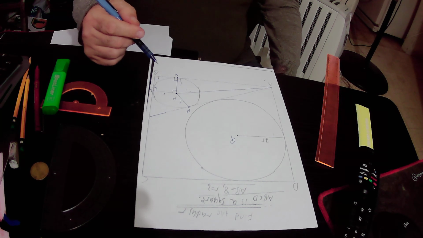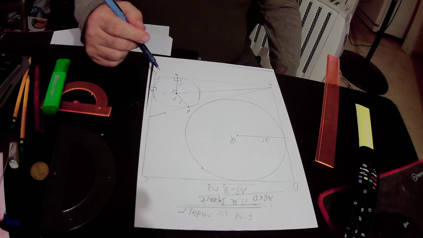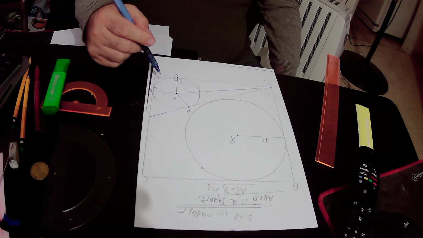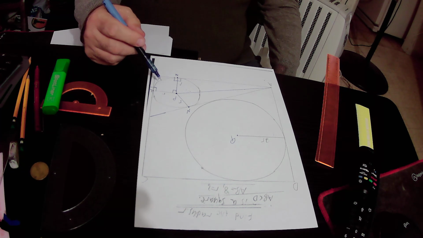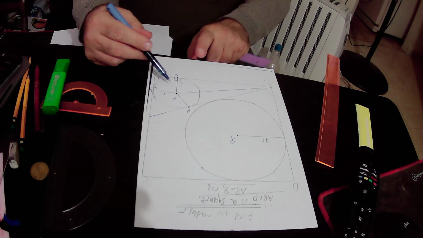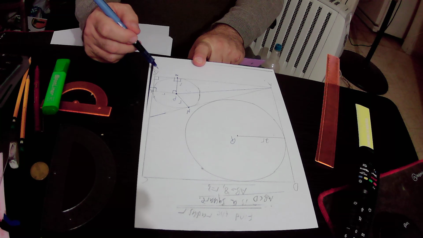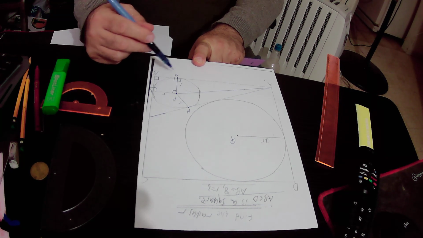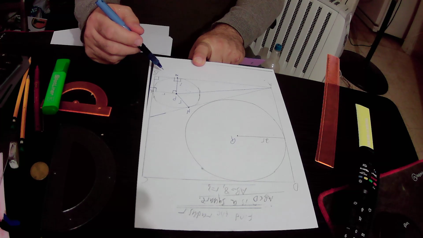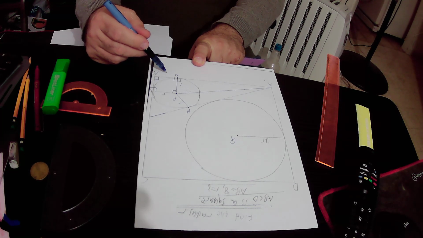And we know that the opposite sides of a rectangle are equal to each other. So in this rectangle PLMB, side PL equals side MB. But we know that PL equals the radius of the circle, so MB will also equal the radius of the small circle.